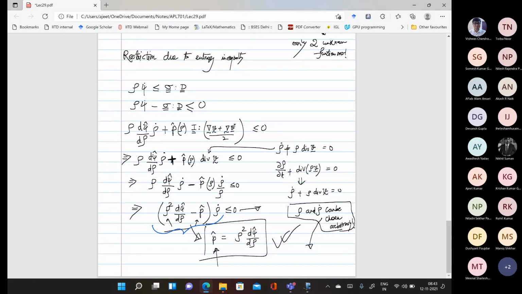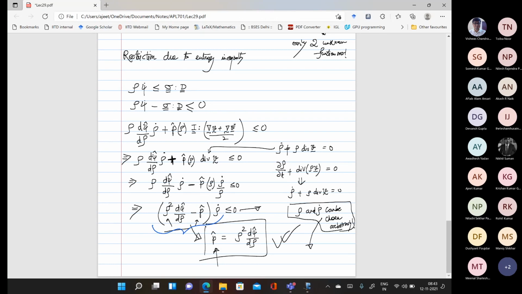So when is this possible? Let us suppose the thing inside the bracket is not 0. Let us say it is negative. Then you can think of a thermodynamic process in which rho dot is also negative. And then for that process, the entire thing becomes positive, which will not satisfy this inequality.